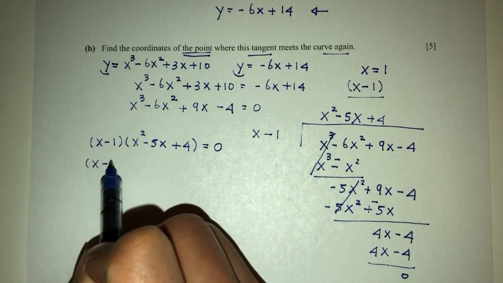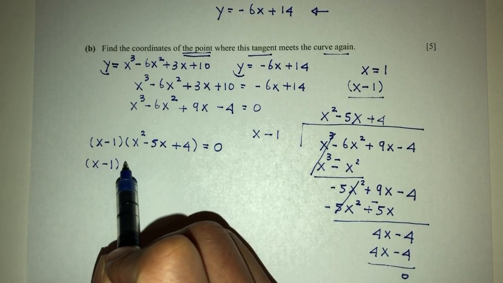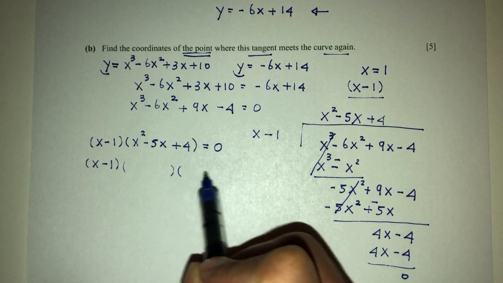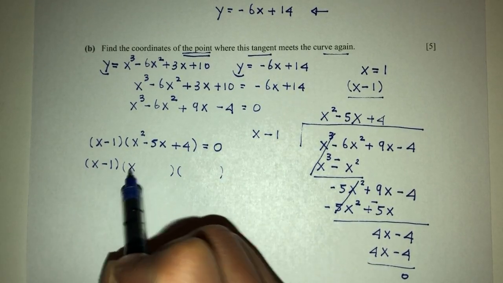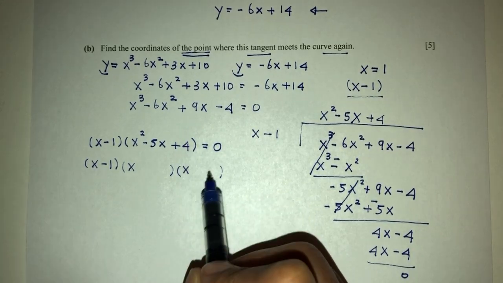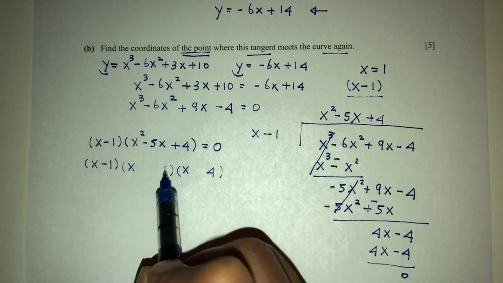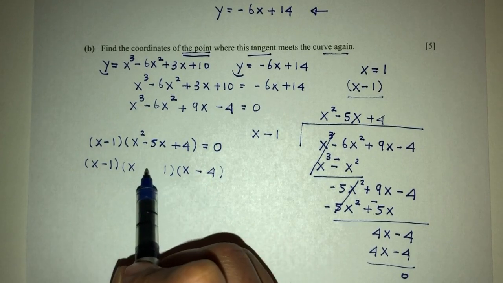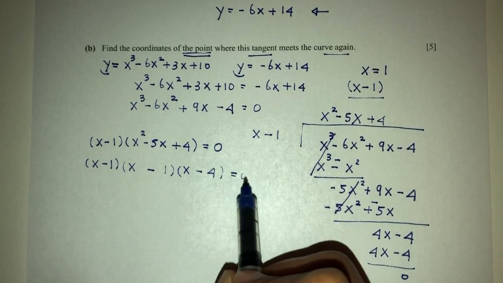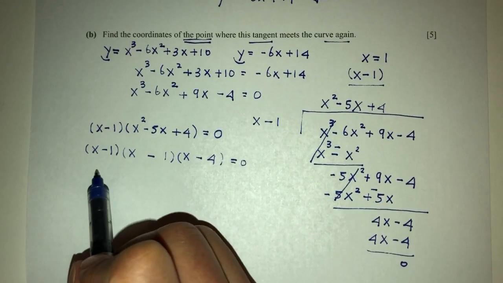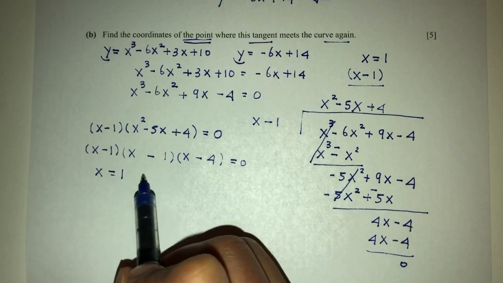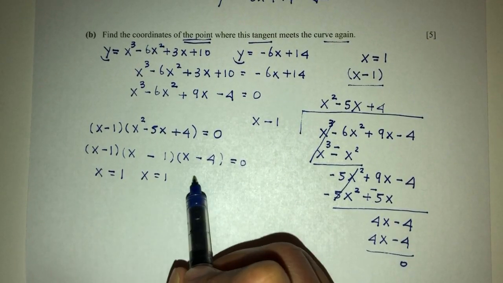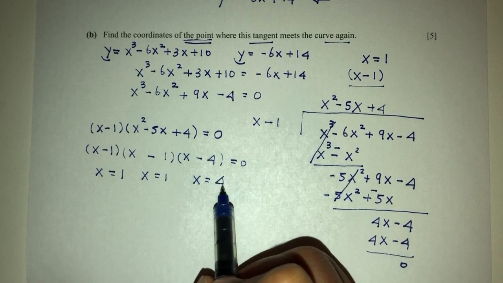Here we have two brackets because it is x^2, x times x. 4 is 4 times 1. To get -5, we have to have -1 and -4. So you can see, x will be the value of 1, x will be the value of 1, x will be the value of 4.